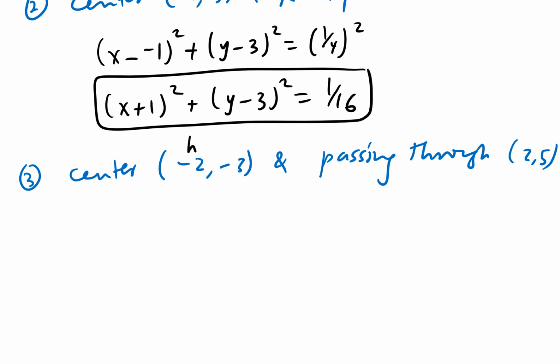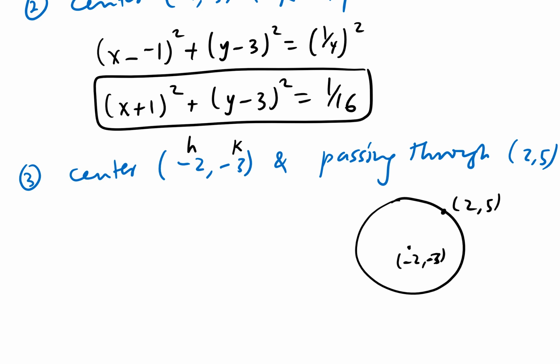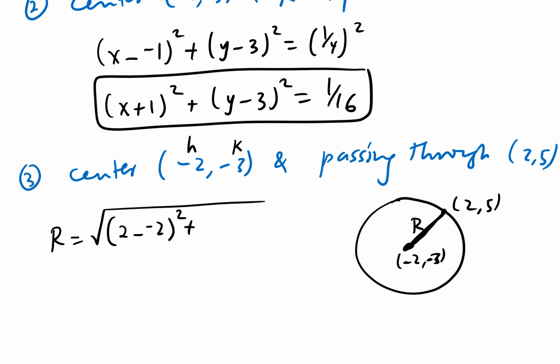They give us the center, so h and k, but I don't know where r is. What is r? So that's the center, and (2, 5) here. That's the radius. Radius is the distance, the square root of (x2 minus x1) squared plus (y2 minus y1) squared.